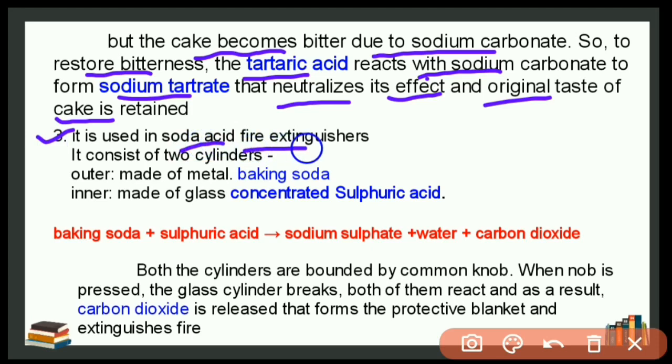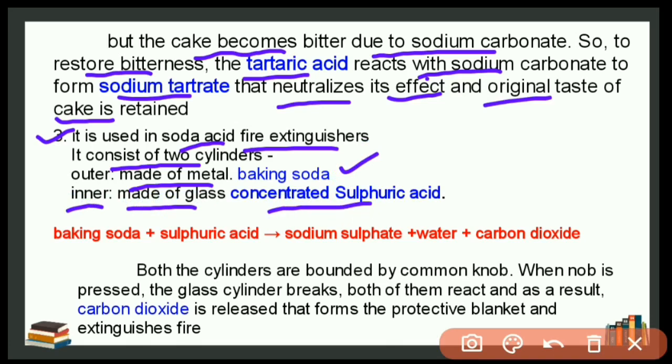fire extinguishers. We know that CO2 gas is formed in a soda acid extinguisher, and we are able to stop the fire. It consists of two cylinders: an outer cylinder made of metal filled with baking soda, and an inner cylinder made of glass containing concentrated sulfuric acid.